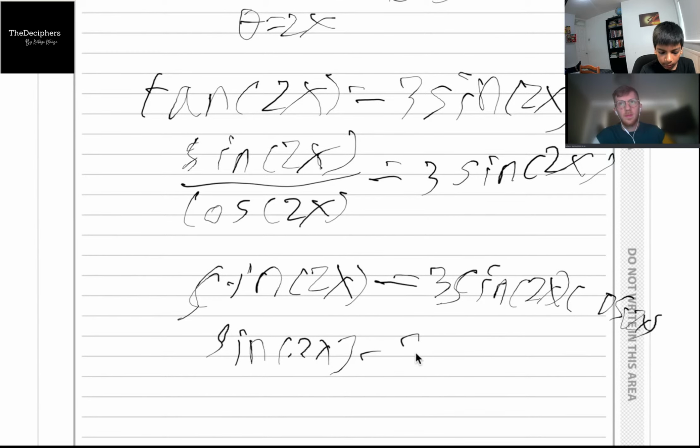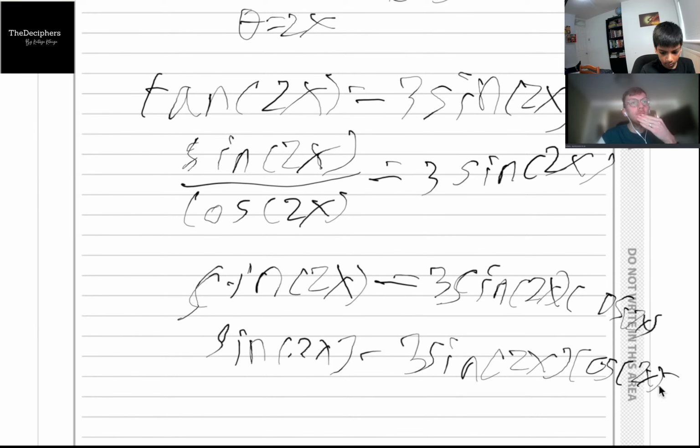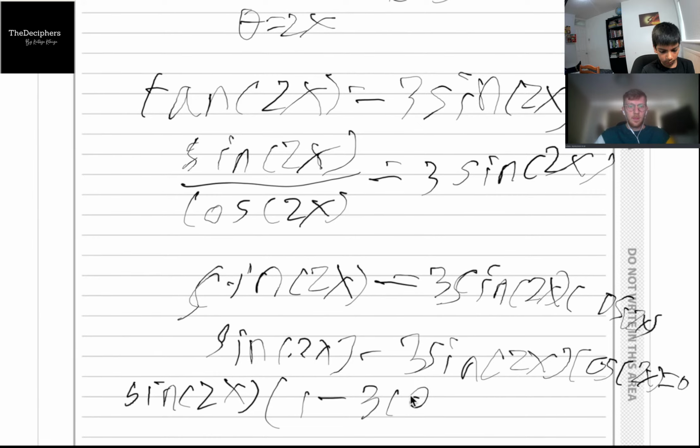Yeah, that's what I'm going to do. Minus 3 sine 2x cos 2x. And that's 0. Just about finished. And that's sine 2x times 1 minus 3 cos 2x. Good. And that equals 0.